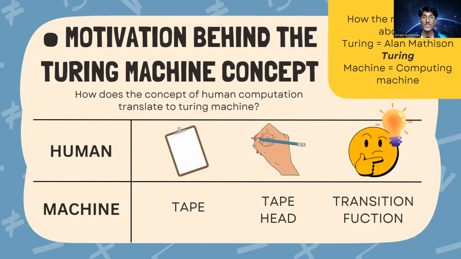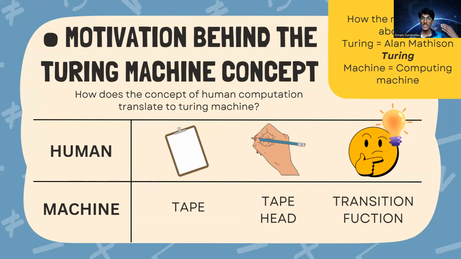All right. Now, the motivation behind the Turing machine concept. How does the concept of human computation translate to Turing machine? As I said earlier, as humans we use a clipboard, which in the machine is a tape. And for us, we use our pencil to write, which in the machine is a tape head.